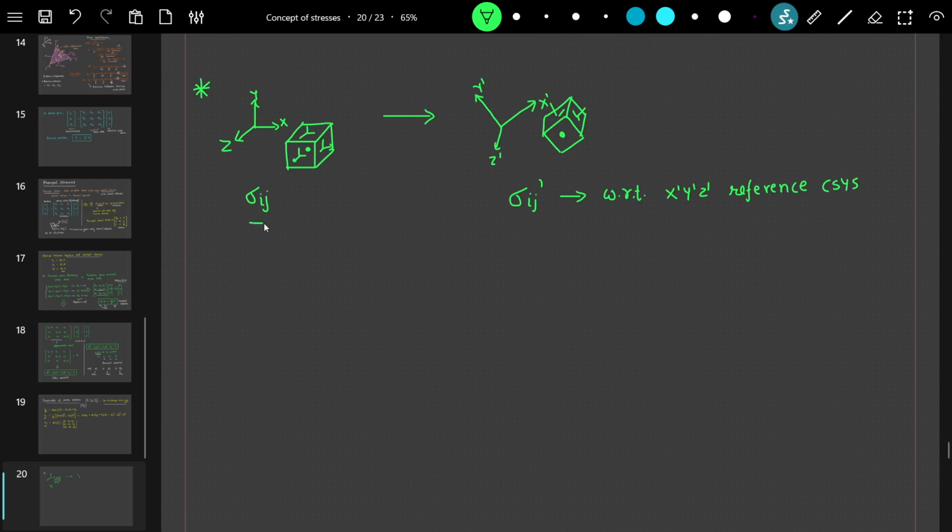And this is with respect to the original coordinate system, or global coordinate system. Let's take it as the original coordinate system.